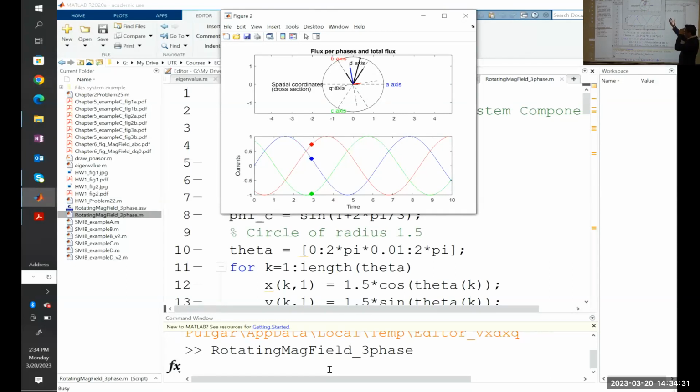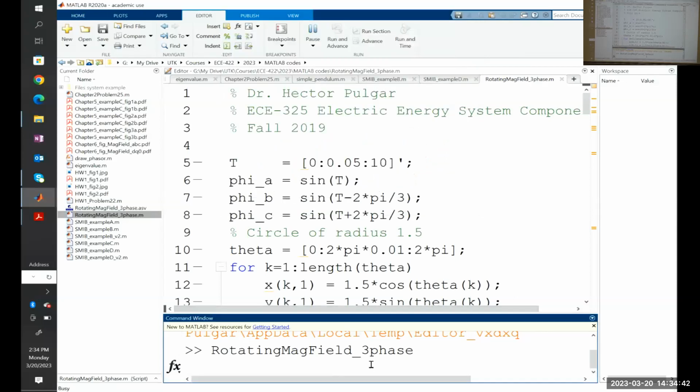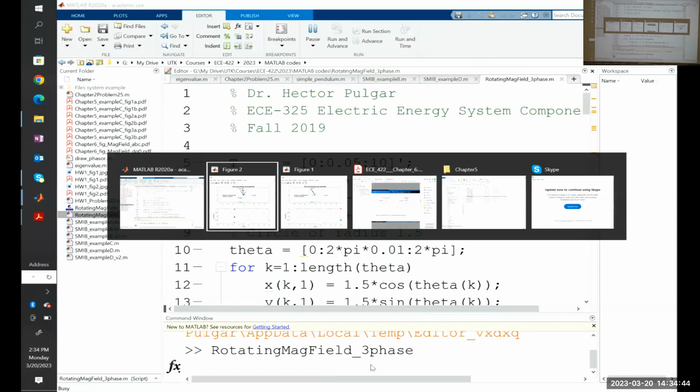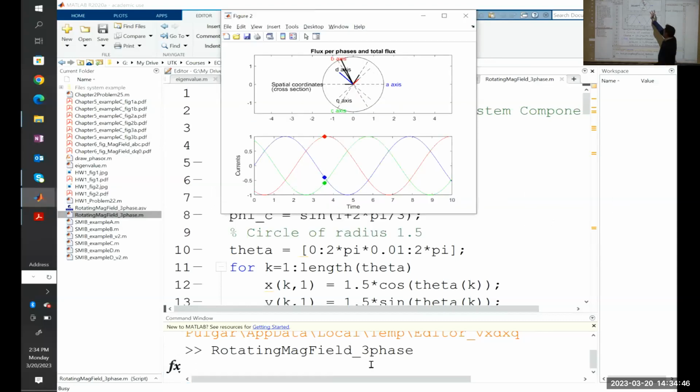Of course, the machine will be subject to some imbalance. And the rotor sometimes will not rotate at synchronous speed. So when that happens, the components in the D and Q axes will change. If you have a short circuit in the machine, these components will have some dynamic response.